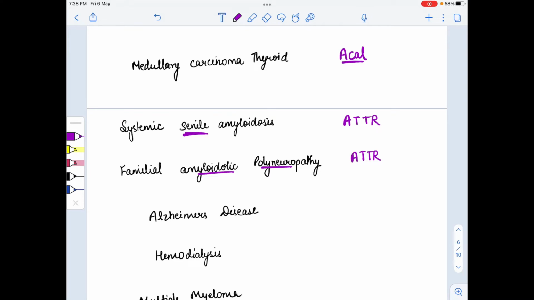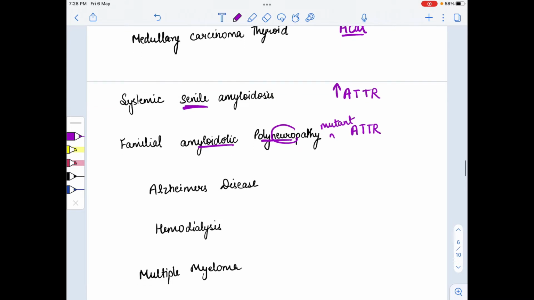Please remember, in neurons mutation can occur, so in familial amyloidotic polyneuropathy we have mutant ATTR. While for systemic senile amyloidosis, as age increases, we have increased ATTR. I hope you can remember these two now.